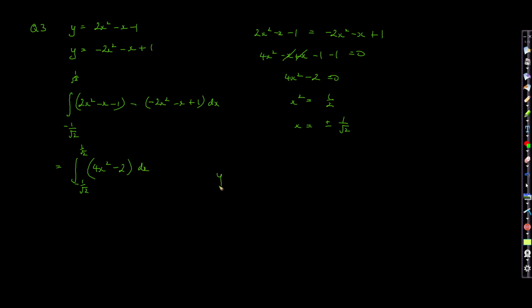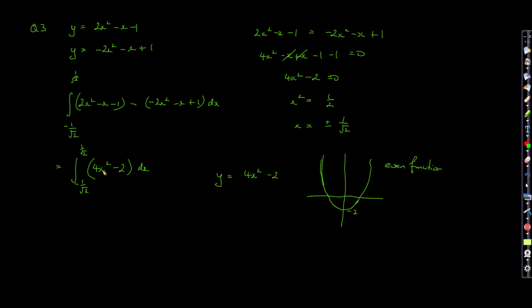Now, what you should know from work on parabolas is that this is a parabola that looks something like this, down there at minus 2. But the point I'm trying to make is that it's an even function. So in other words, this is symmetrical around the y-axis.